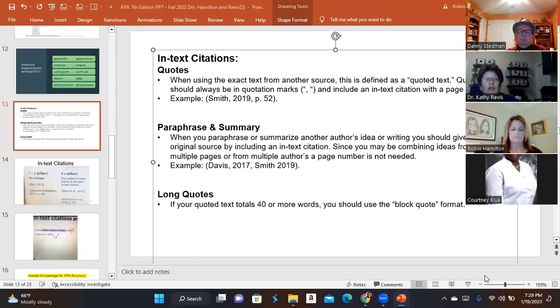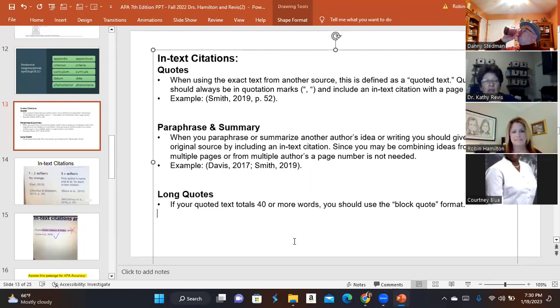But you still must provide an in-text citation for another person's ideas. So the difference here, you still see Davis, author, date. And then if you have another author who stated something very similarly, it would have a semicolon and then that person's last name, date.